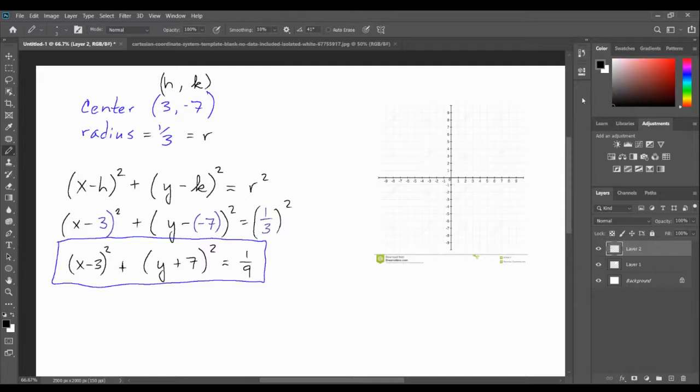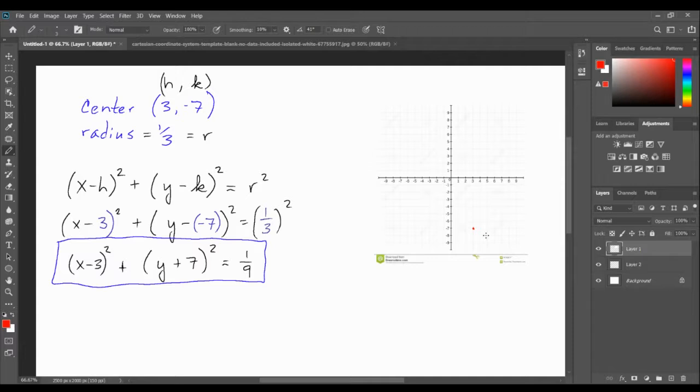If I need to graph that, I could come over here, and the center was 3, -7, so I come over 3 down 7, and that's the center. Oh, I need to drop that. So 3, -7 is right here.